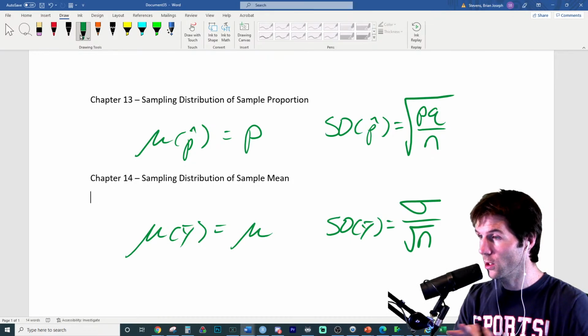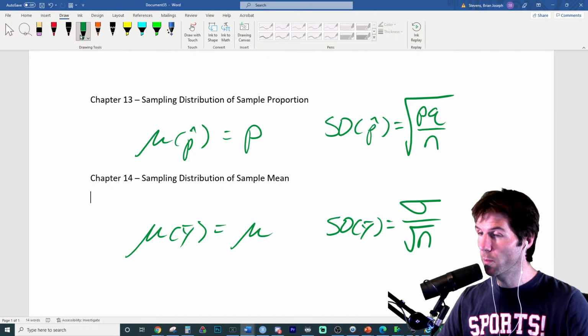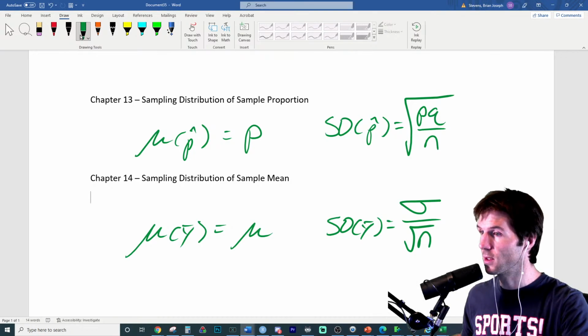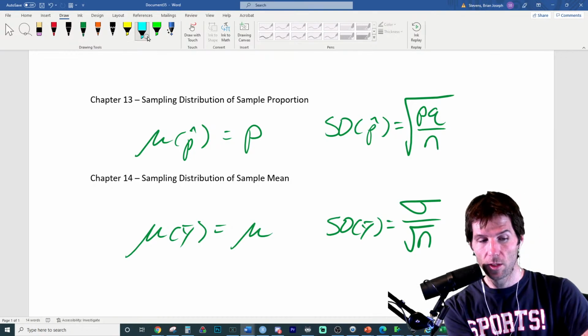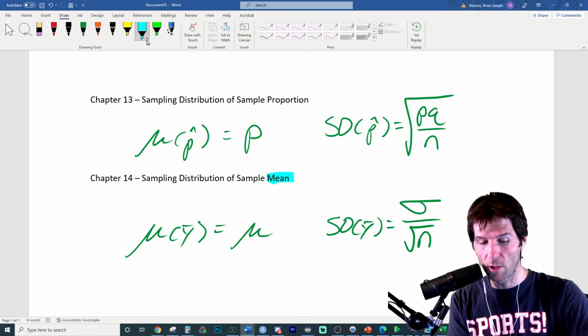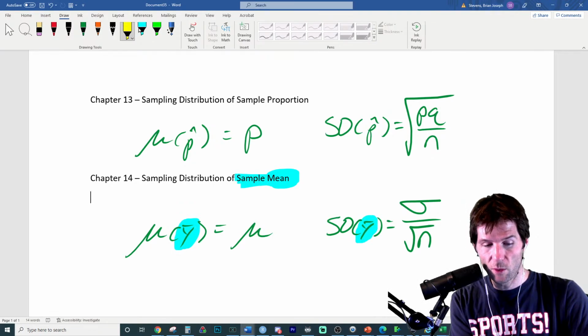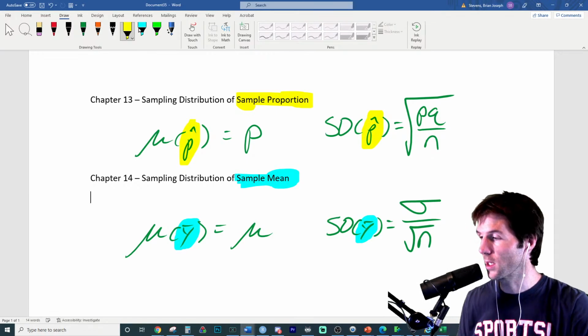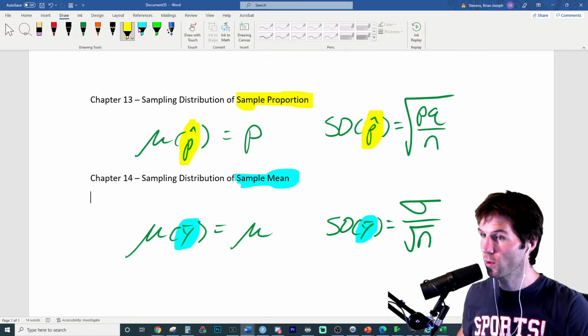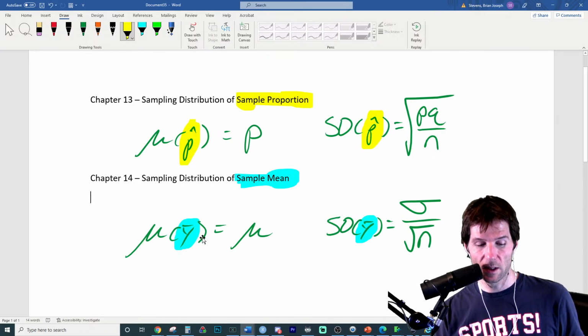There's no more P and Q for these problems, because all of these questions are no longer about, are you from Knoxville? They're all for the sample mean. That's the sample mean right there. The previous questions were for the sample proportion, and that's what we would expect for the sample proportion. So this question right here is, what do we expect in a sample mean? This is the average of sample means.